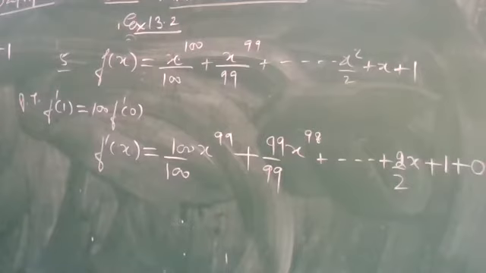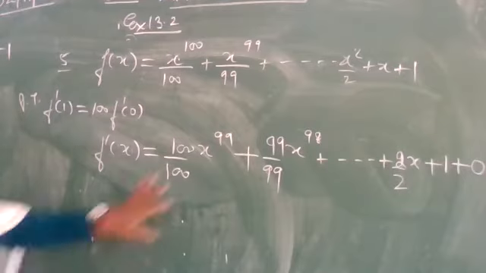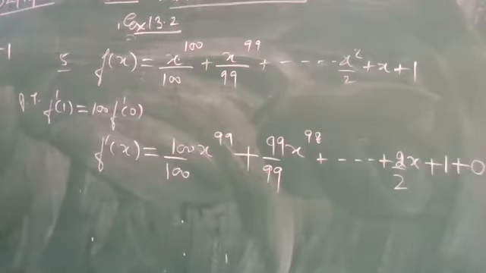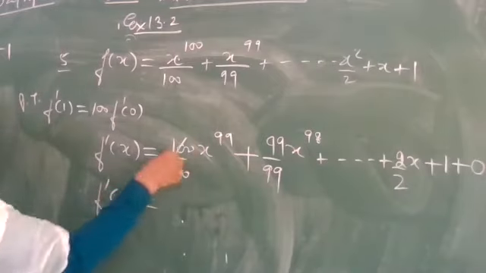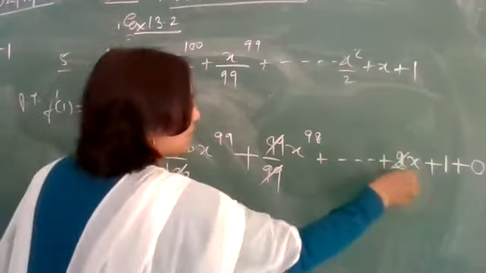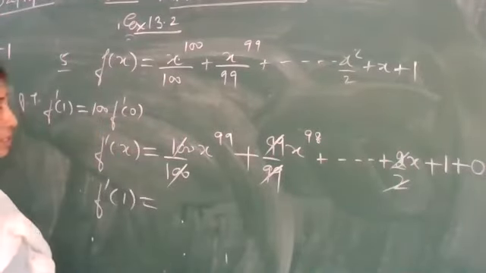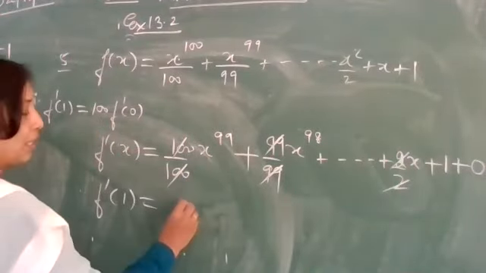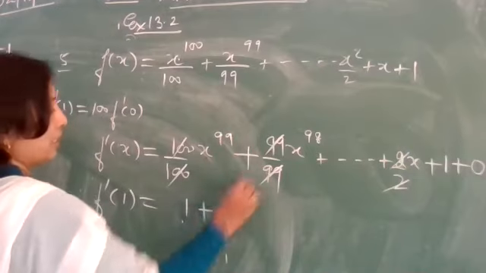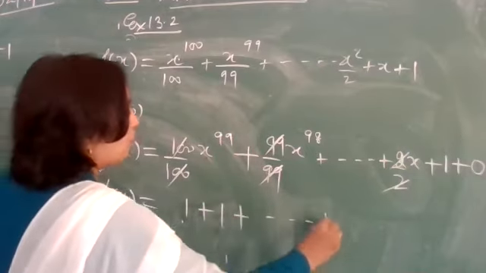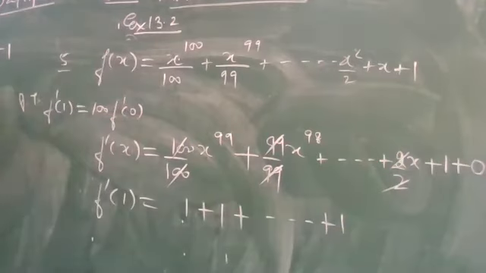Rachit, is it clear? Now we have got f dash x. We need to find out f dash 1. That means wherever there is x, we have to put 1. Let's find out f dash 1. ये तो पहले हम सिंप्लीफाई कर लेते हैं. Let's cancel them out. And now we are putting x equal to 1. It is 1 raised by 99, 1 raised by 98, 1, and 1 is added up how many times?